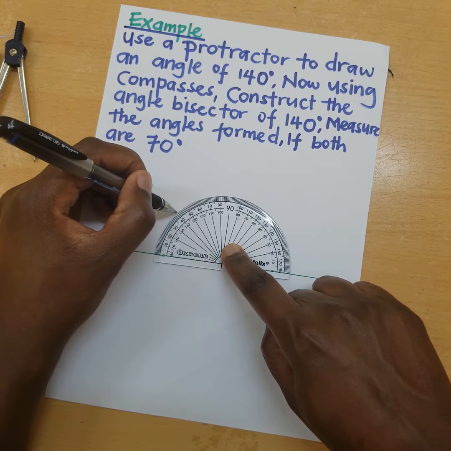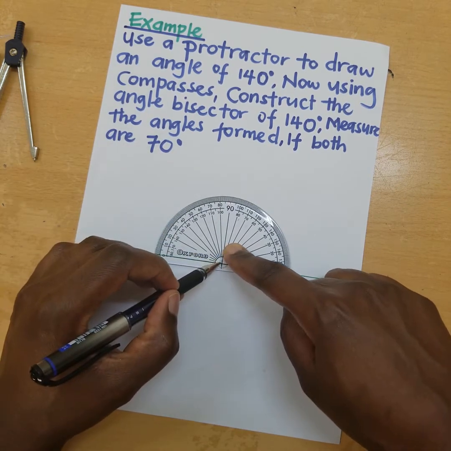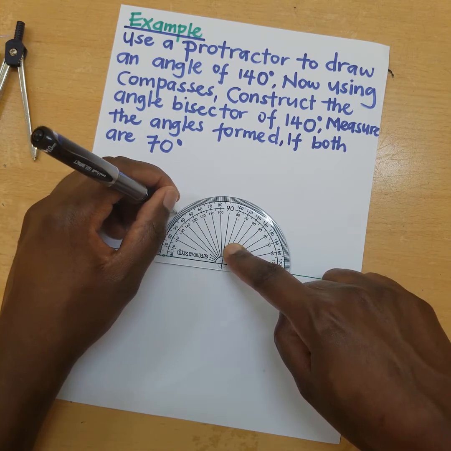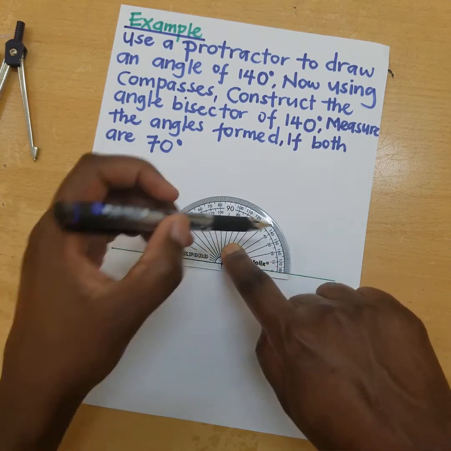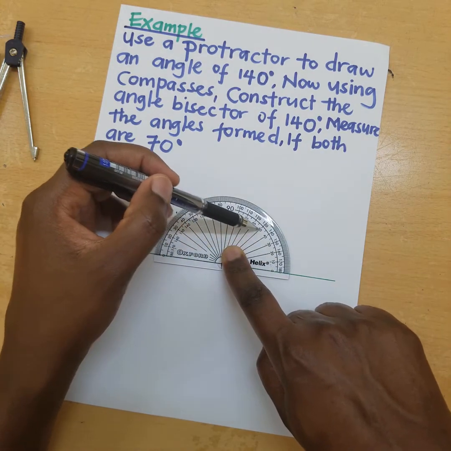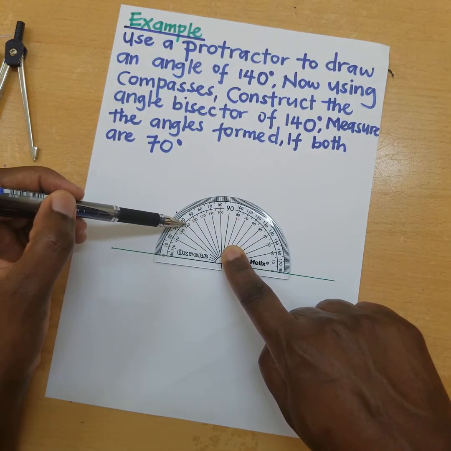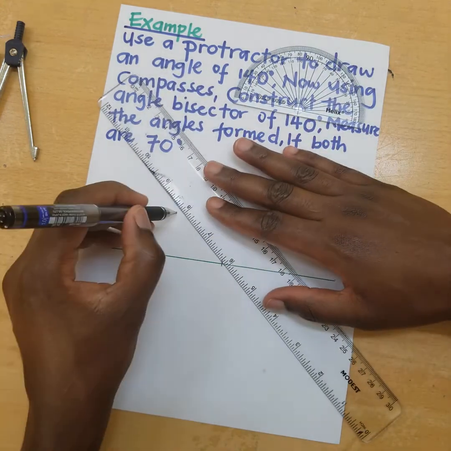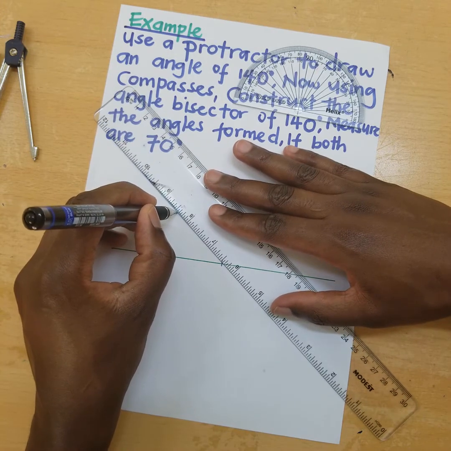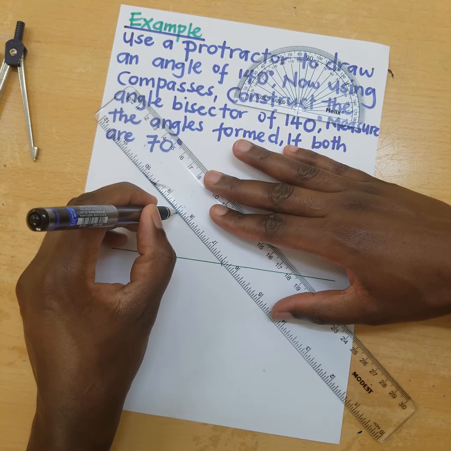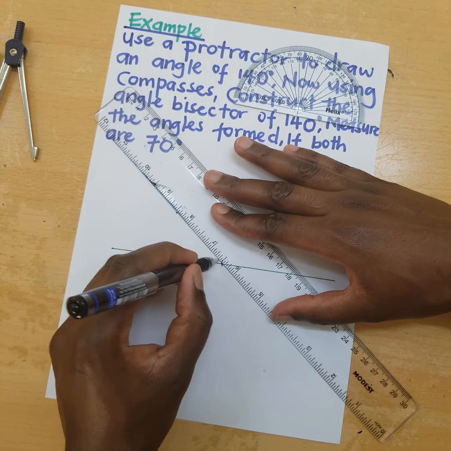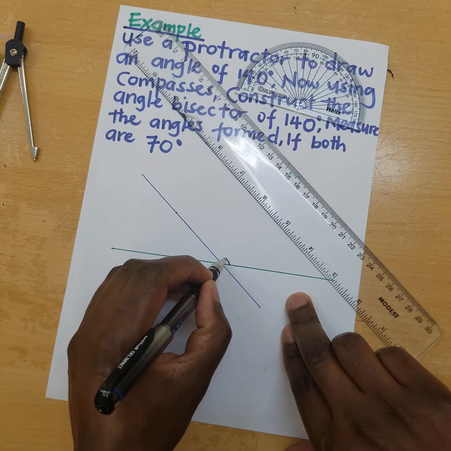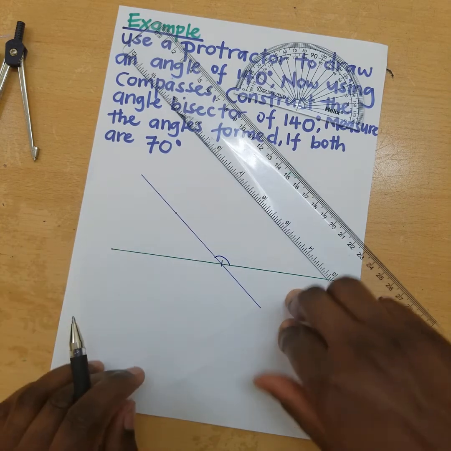So if I look at this one here and I put a mark here, it means I've moved from 0 here up to this point is 140. So I'll draw a line joining that point and this one. So this is 140.